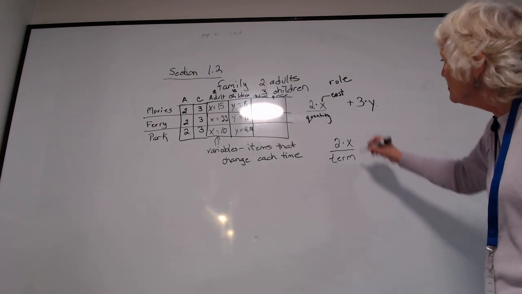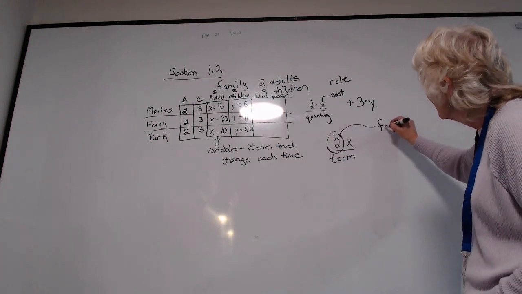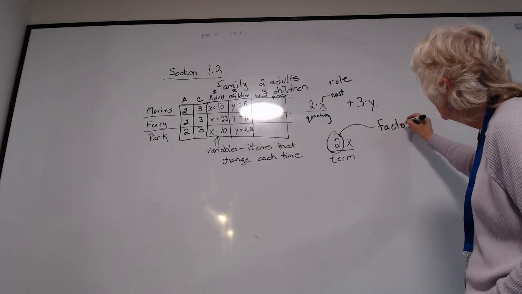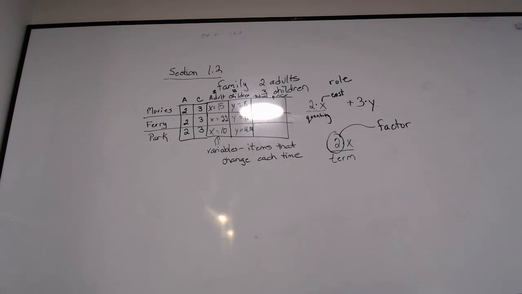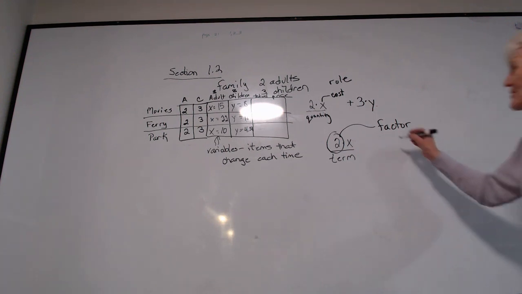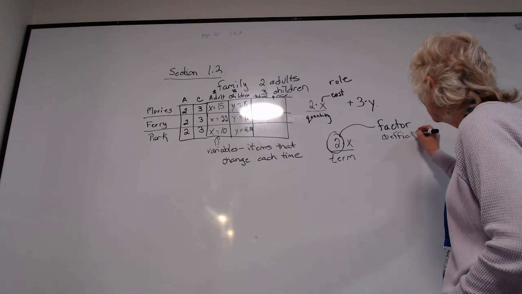So in a term, the number that you have is called the factor of the term. So that's called the factor. I call it the coefficient. So you will hear me call it the coefficient most of the time.